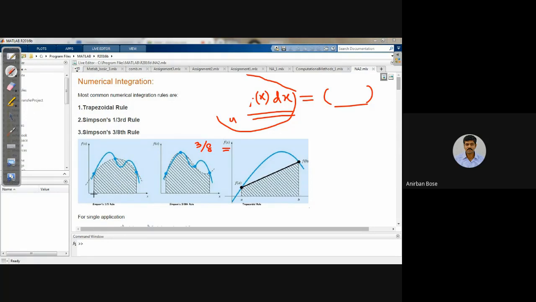You have to divide the whole segment from a to b into n divisions such that the number of segments is an even number, because you always have to take one point exactly in the middle. In the case of the trapezoidal rule, there is no such criterion; you can divide it into any number of segments. But in Simpson's 1/3 rule, you have to divide it into an even number of segments.